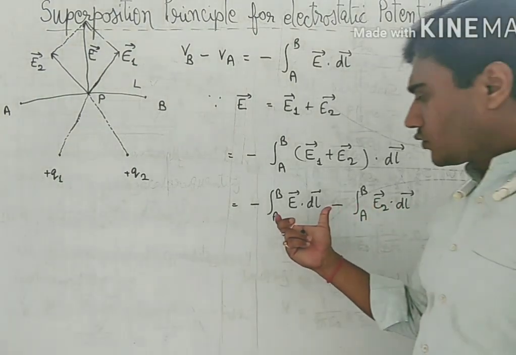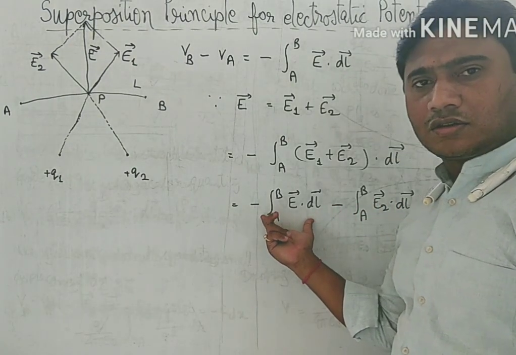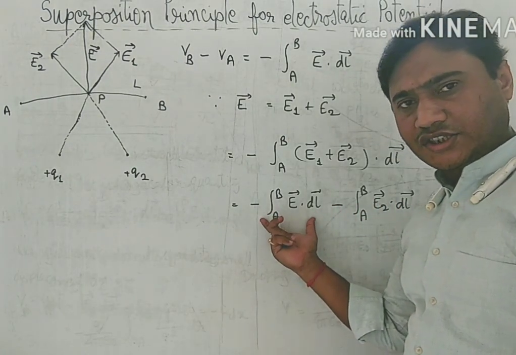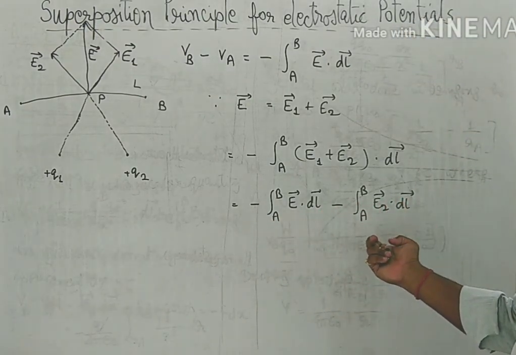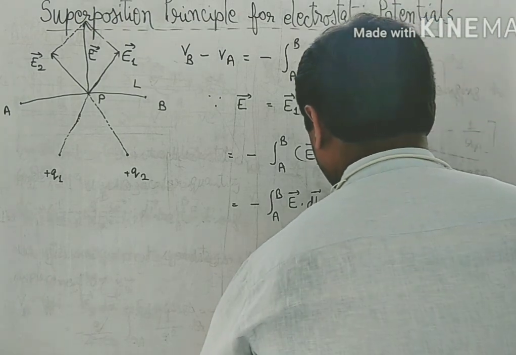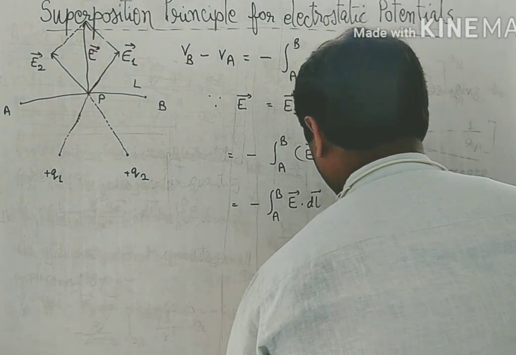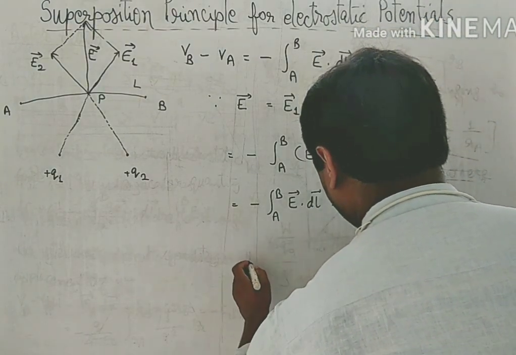So this is the potential due to a single charge, and this is the potential due to a second charge.